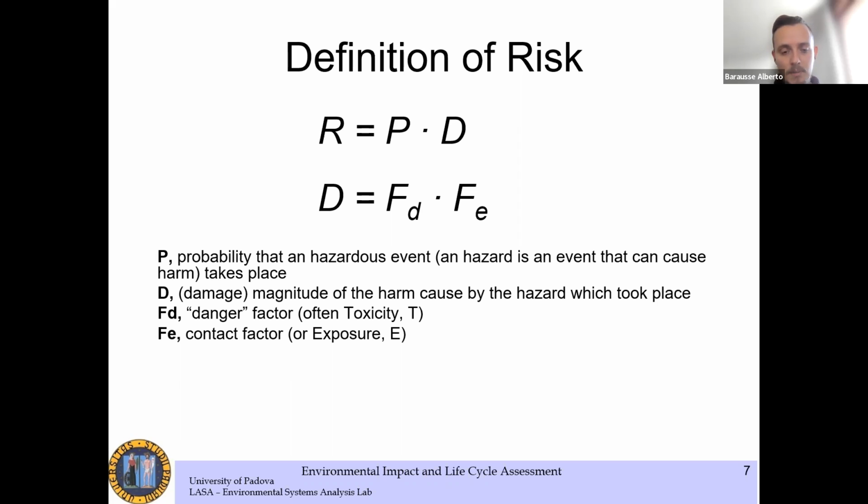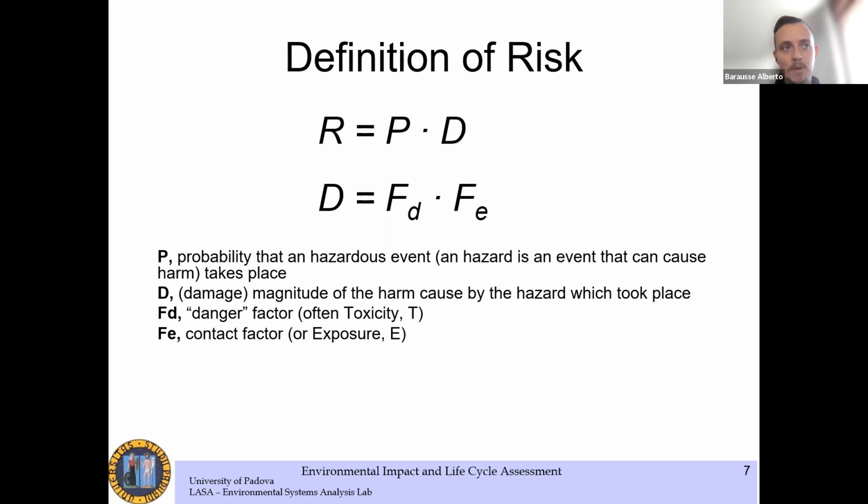So the probability of, I don't know, spillover of a contaminant by a factory into groundwater. And D is the magnitude of the harm caused by the hazard, so the spillover in this example.